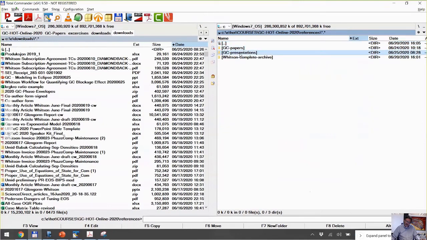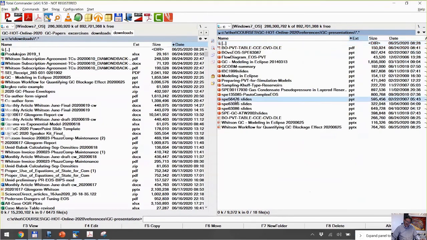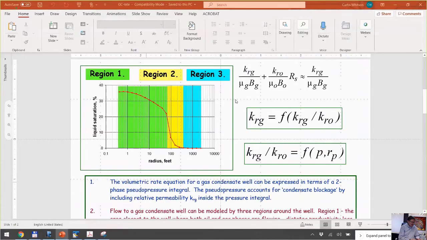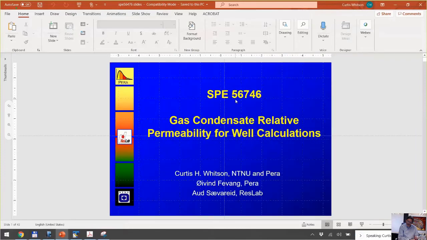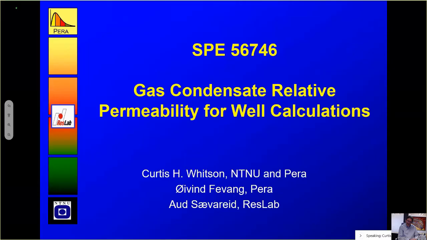Oh, not paper, but presentation. Yeah, so I thought this would be an appropriate place to introduce this, where basically this paper introduces the capillary number dependence correlation, and shows how that affects the performance of gas condensate well rates.